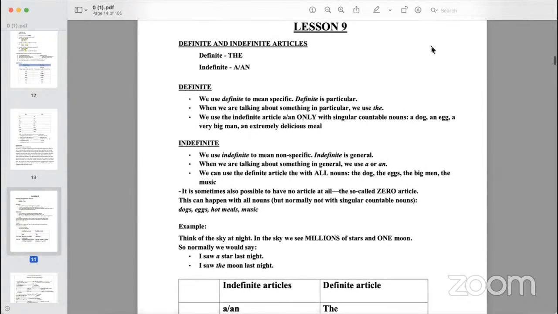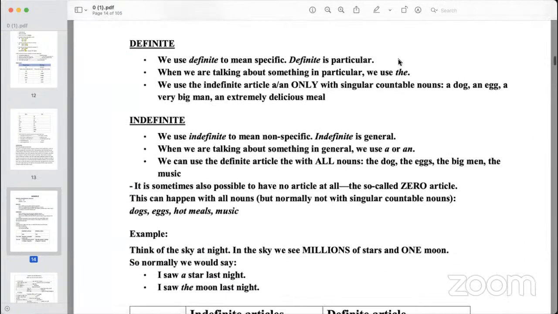Right, so for definite, you would be using the word the, and for indefinite, you'll be using a and an. So we'll go into a bit more detail about what is definite and indefinite. Definite means specific. It could be an apple.